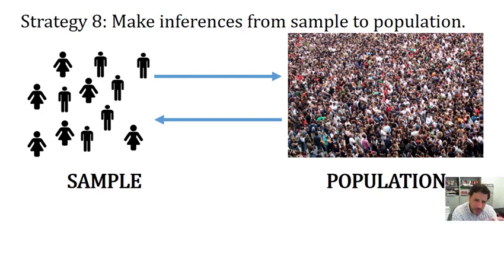But if we have a sample which is large enough, we can make estimations about how things work in the whole population. Now, this estimation will have some error because we are not measuring everyone, but we can establish some degree of confidence in our estimation of the population.